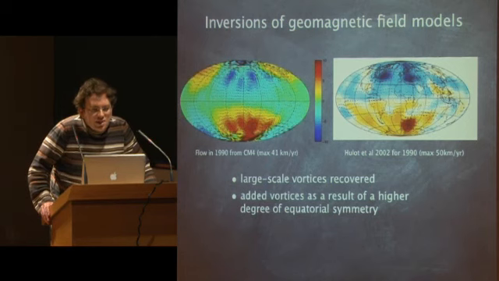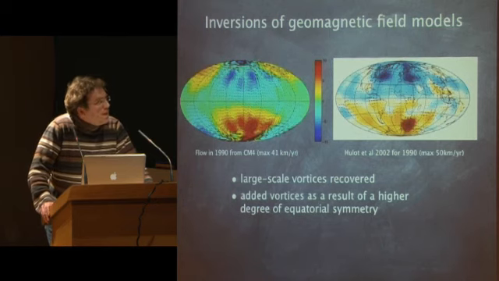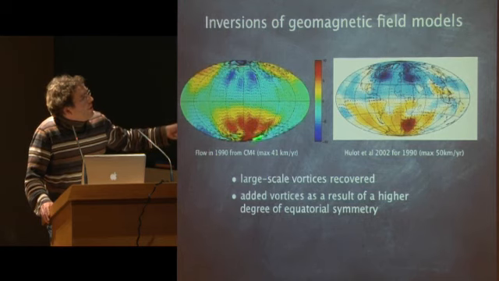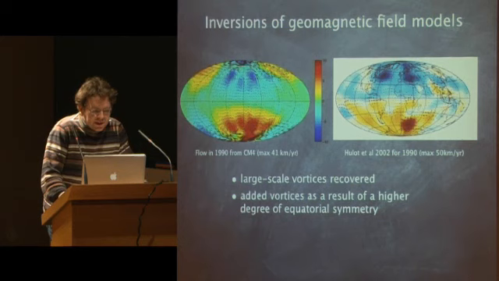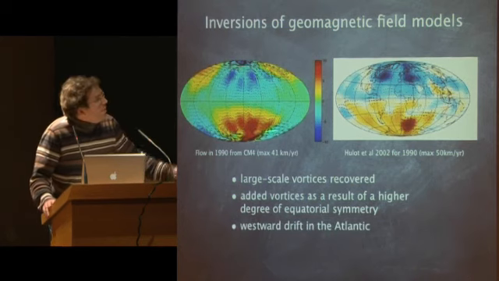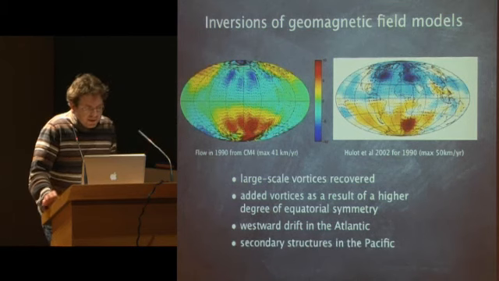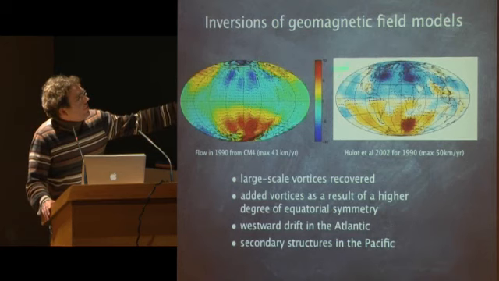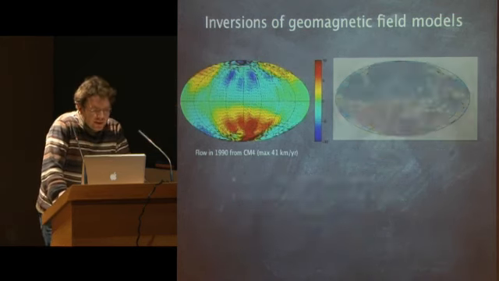So it's just the higher degree of equatorial symmetry that is constrained by our prior numerical dynamo model that has produced these structures which provide a reasonable fit to the secular variation given the errors that we have estimated. We recover the westward drift in the Atlantic, which is present in those two maps, and we have secondary structures in the Pacific that are not present or much weaker in these maps.